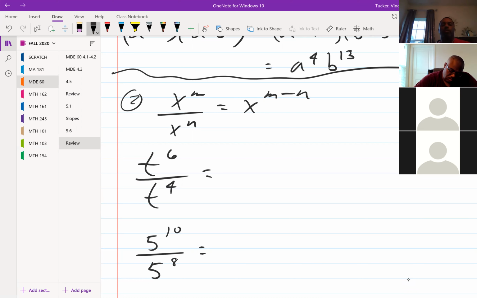All right. So when we're multiplying, you're adding your exponents. When you're dividing, you're subtracting your exponents. So this would be t to the 6 minus 4, which is t squared.